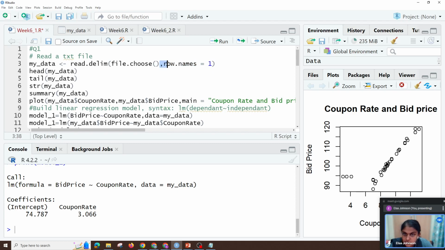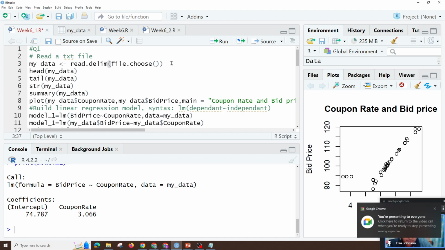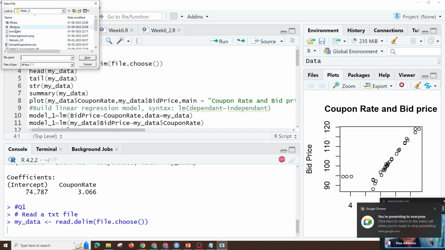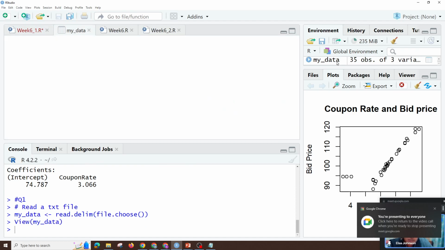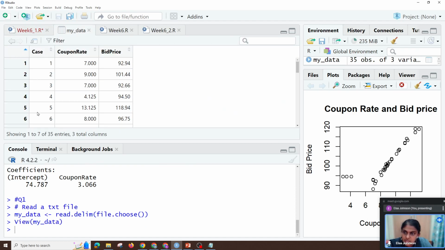If this is not there and I run this, the case column will also come and a separate index will be created.